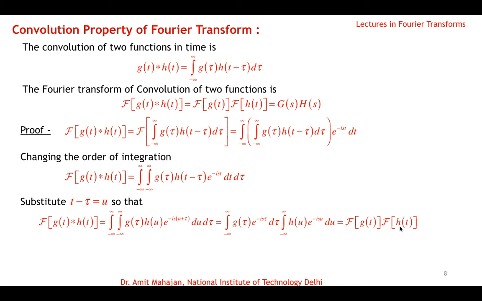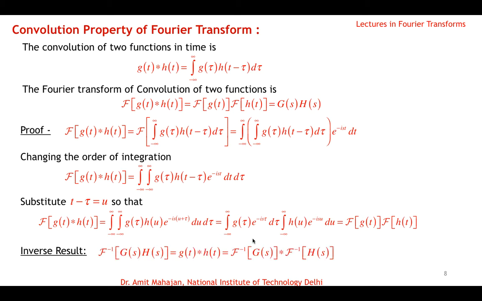This is the convolution property of the Fourier transform, and from the inverse we can immediately write that the Fourier inverse of the product of two functions is the convolution of the individual Fourier inverses. This property is very important in the Fourier transform. It will be utilized a lot.